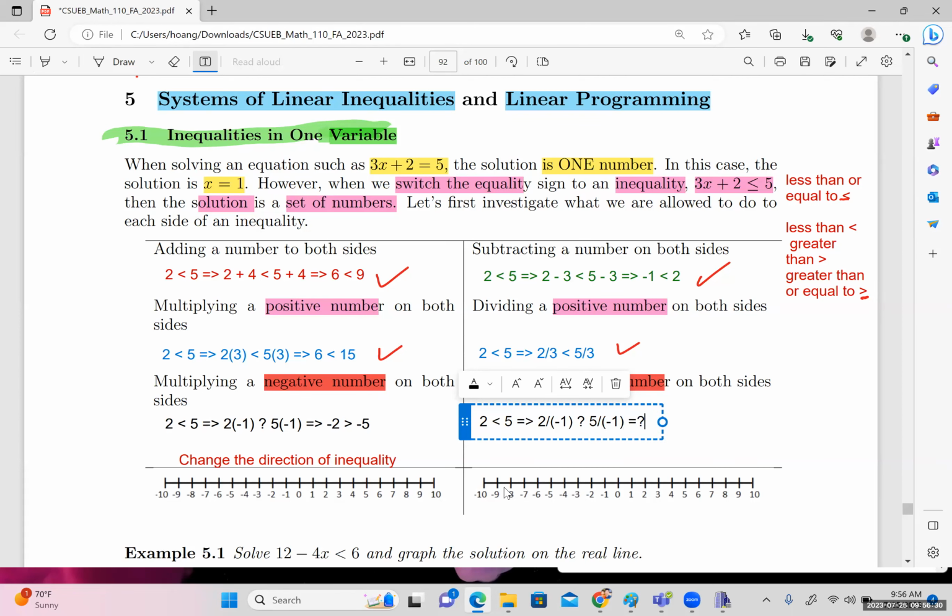What happens now? You will see -2 again, and it is greater than -5. So that means this also changes the direction of the inequality.